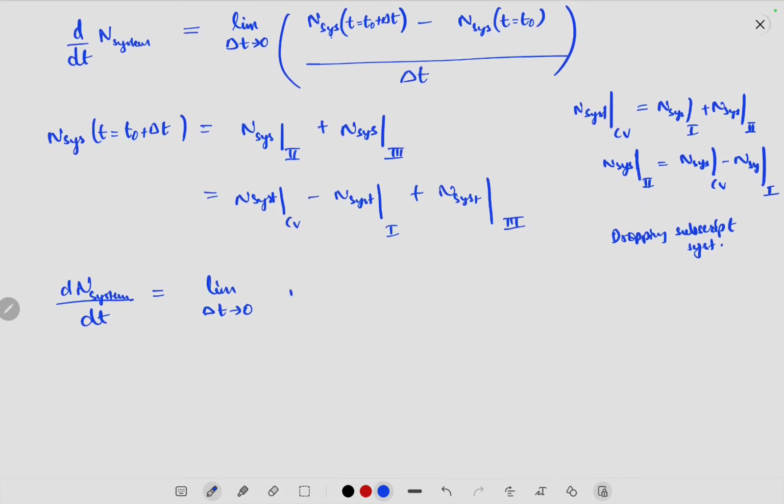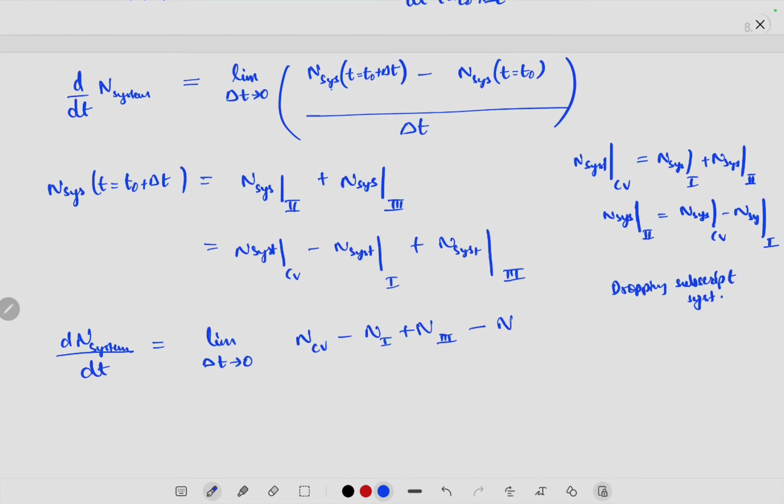I can write this as N_CV minus N in region 1 plus N in region 3, minus N at t = t0, divided by delta t.